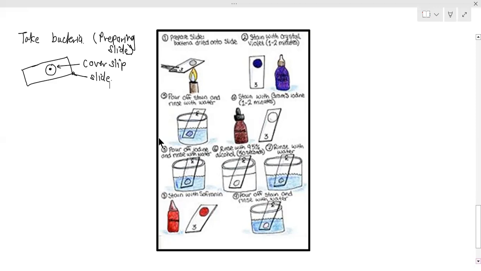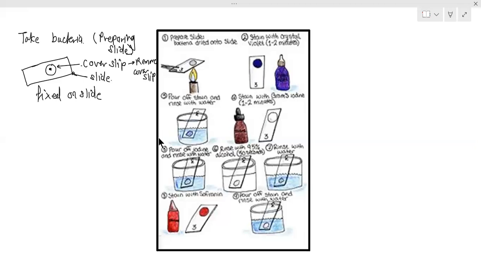And the water gets evaporated. Then I can remove the cover slip. Now your bacteria are said to be fixed on the slide. I fix them by heating.